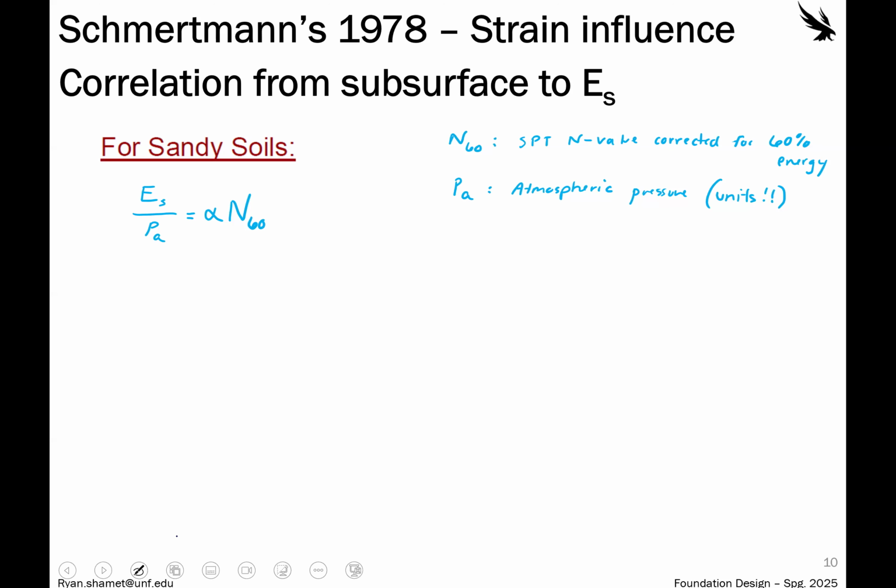So let's look at the alpha values. Alpha is a generalized rule of thumb. Our alpha is going to be equal to 5 if we have primarily sand with some or minimal fines.